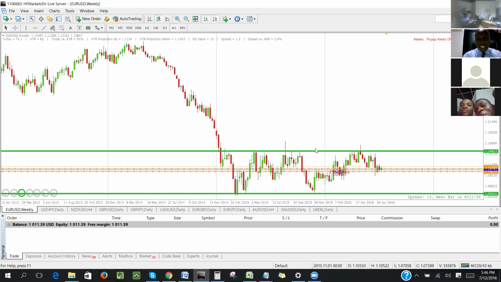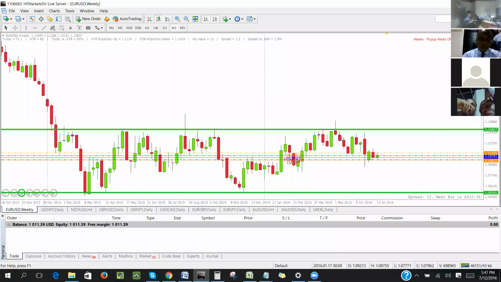From what we can see here, Euro USD is coming back from the major resistance level. Can we see it? Yes. If you look at this from the weekly time frame, we have a sort of range. For those of us who trade pin bars, we can see the candle formation that was created at this level.